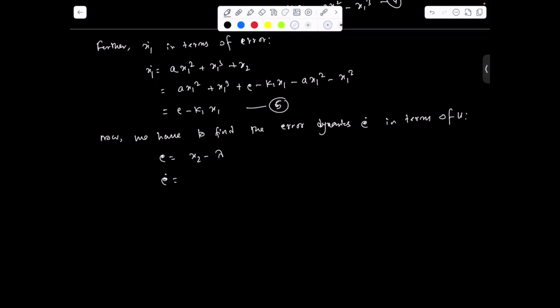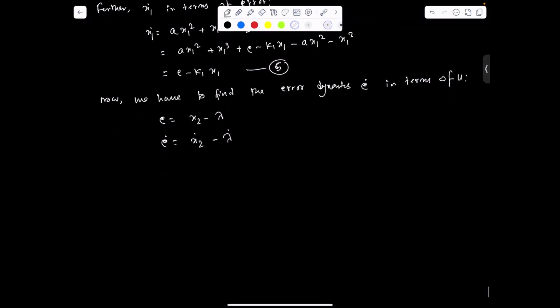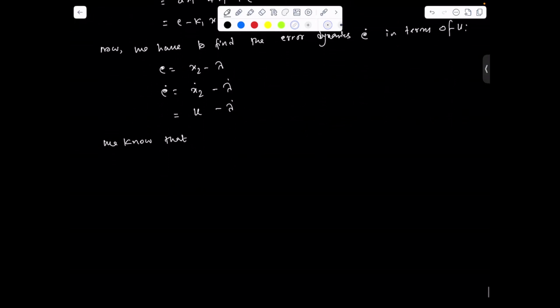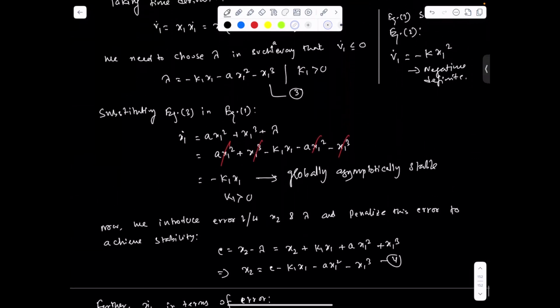So e dot you can write x2 dot minus lambda dot, and x2 dot is given in the problem, u minus lambda dot, and also we know that lambda equal to minus k1 x1 minus a x1 square minus x1 cube. This you have already obtained before, this expression, right?